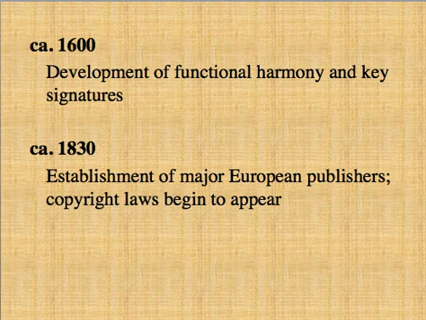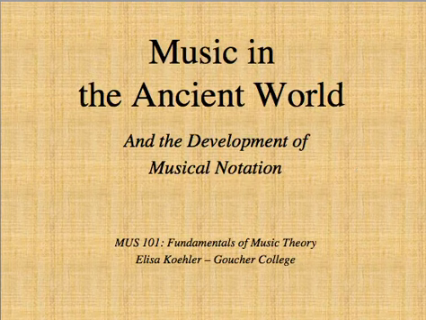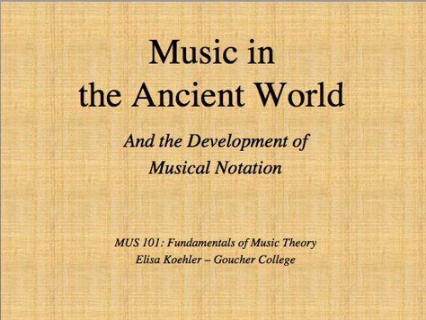And then we have functional harmony in the early 17th century, and copyright laws and European publishers becoming much more regimented in the 19th century and then on up through today. But this just gives you a quick view of how things changed from music in the ancient world to the development of the music notation that we use today.